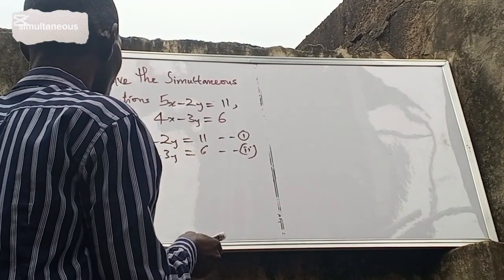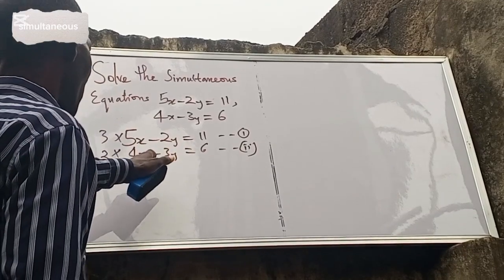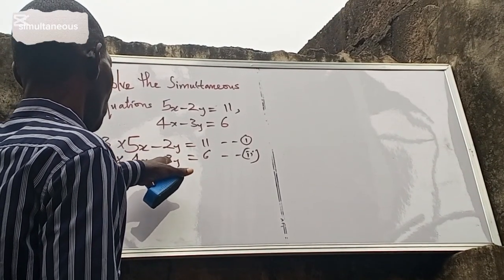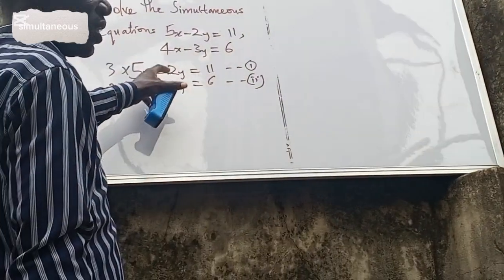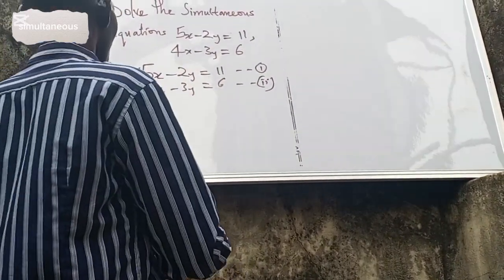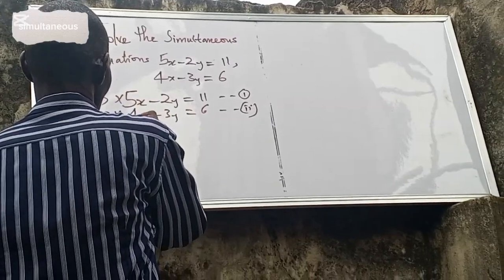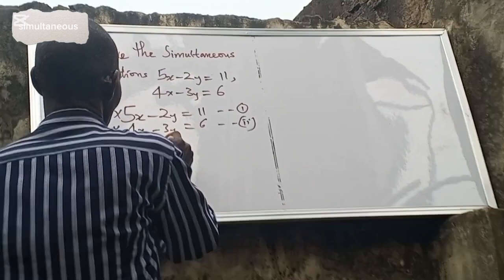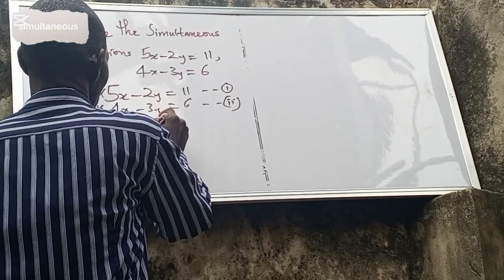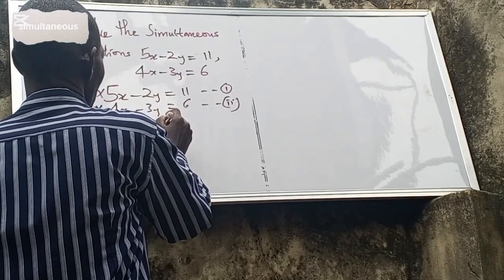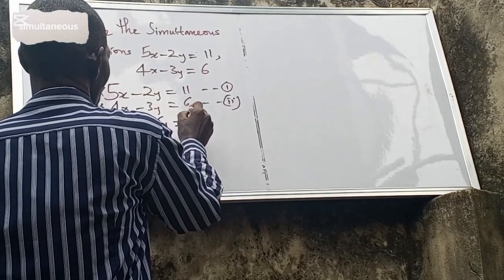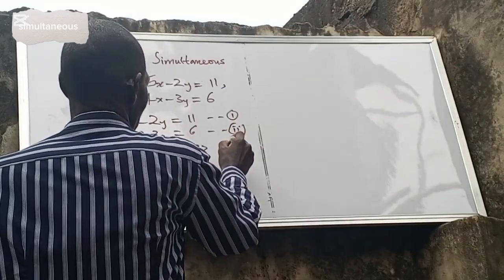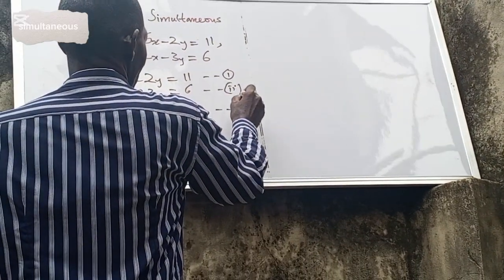We want to eliminate this y, so we make the coefficients the same on both sides. 3 times 5 is 15x, minus 3 times 2, that is 6y, is equal to 3 times 11, that is 33. This is equation 3.